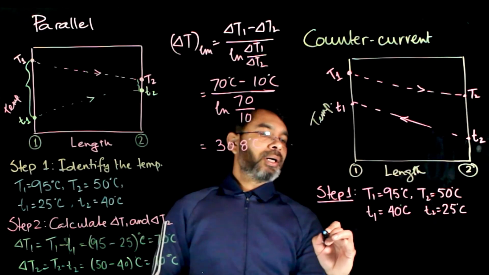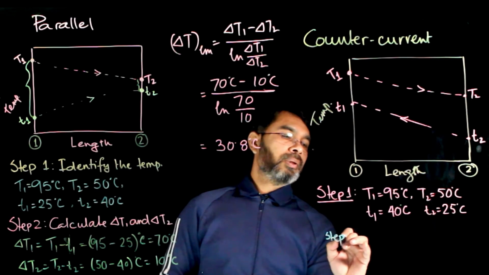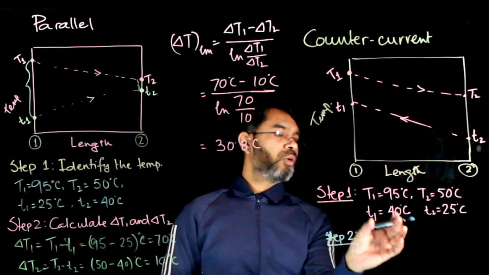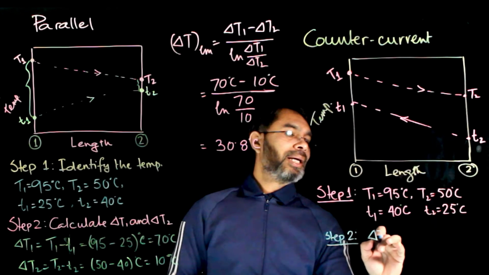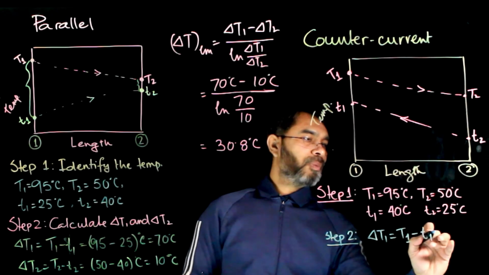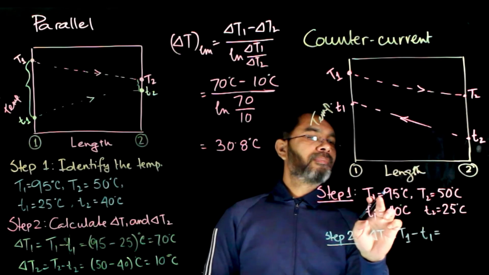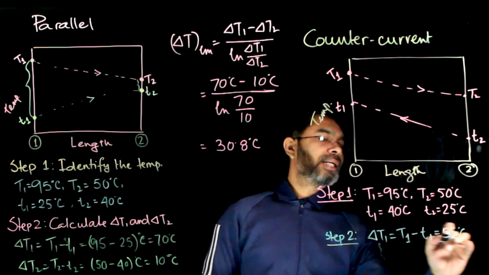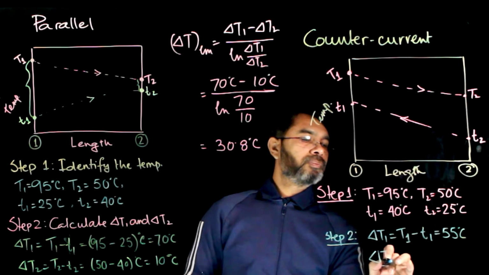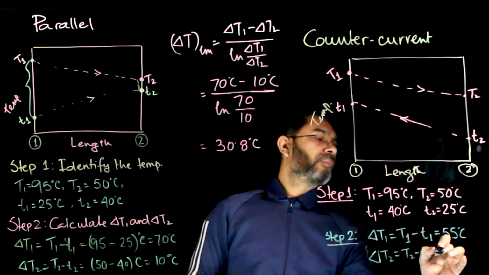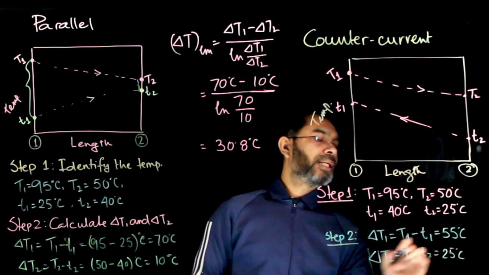Our definitions for delta T1 and delta T2 remain the same. However, because of these values, delta T1 equals T1 minus small t1, which becomes 55 degrees centigrade. And delta T2, again T2 minus small t2, becomes 25 degrees centigrade.